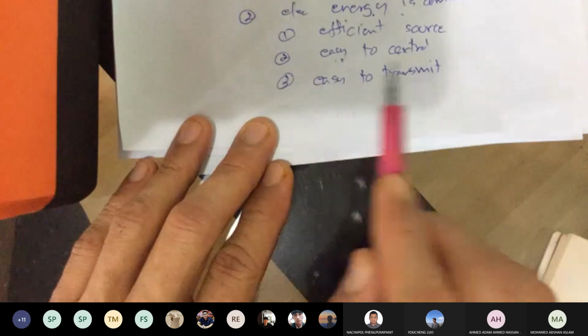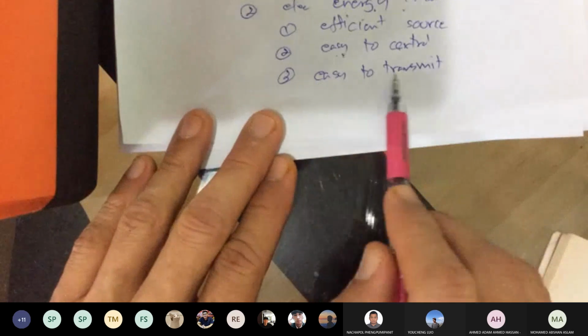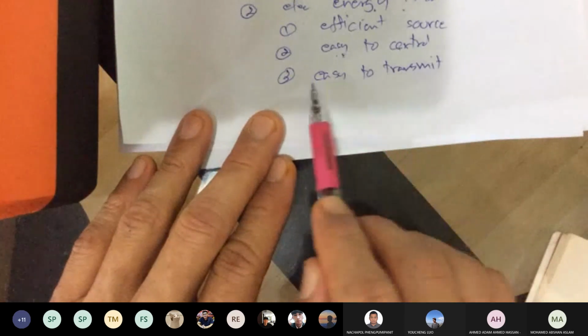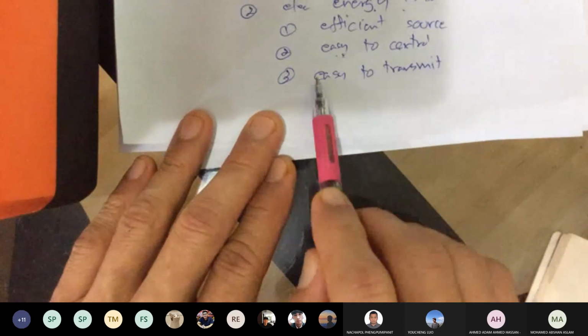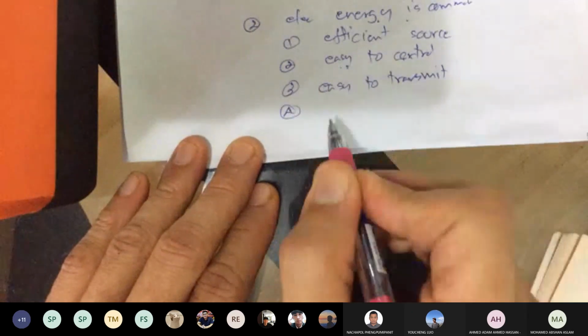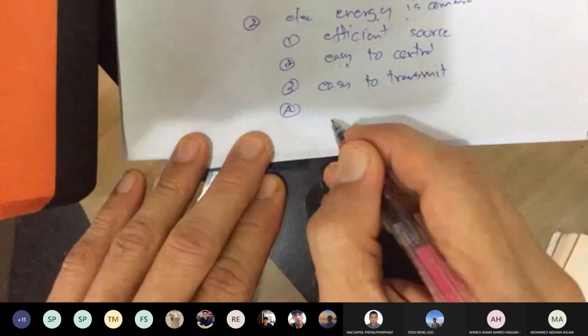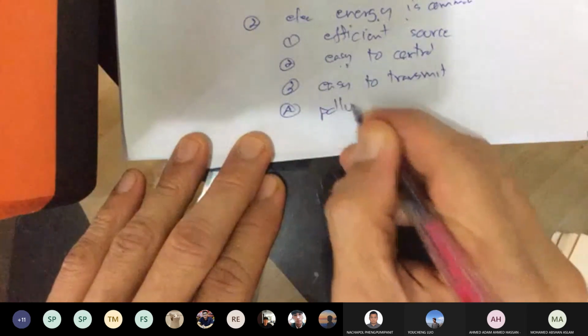You have to transmit it over a train. It would take a lot of time to do that. If you transmit electrical power, it's in minutes and seconds, right? So this is part of the deal. And last, but again, this is only true in certain parts, it's pollution free. No pollution.